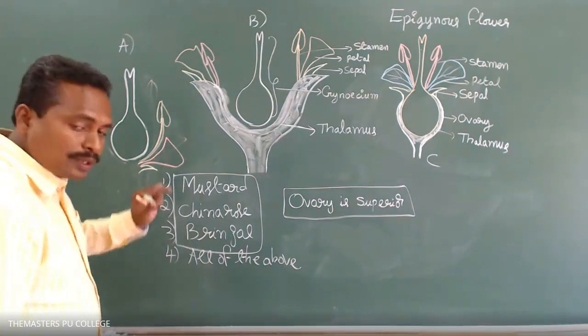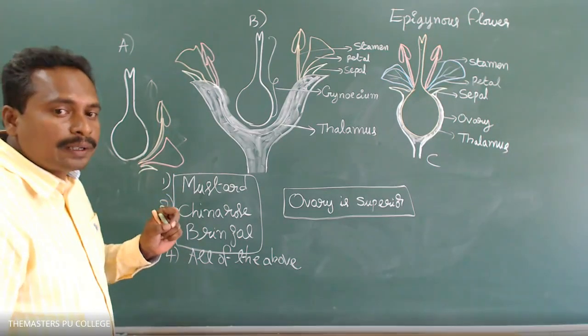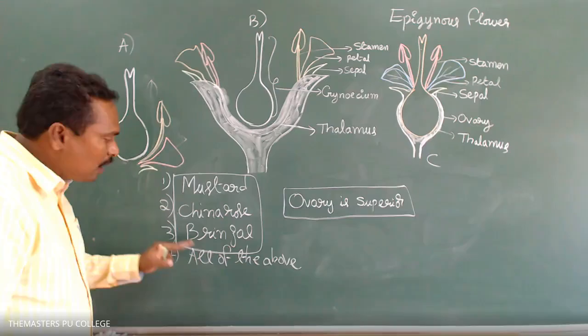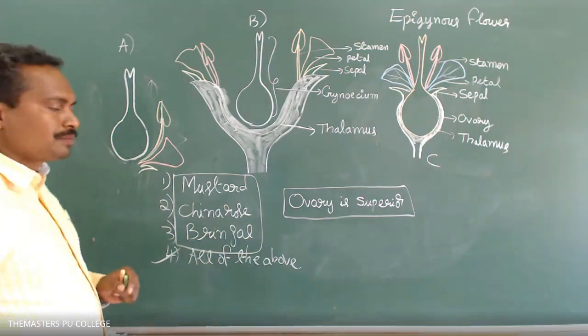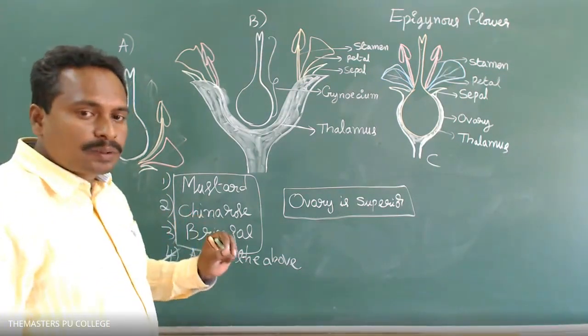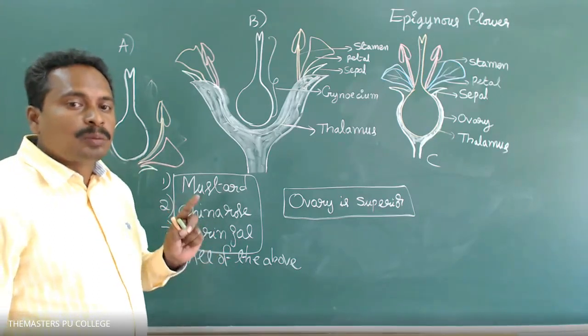Next question: in which of the following flowers is the ovary superior? Option 1 mustard, option 2 China rose, option 3 brinjal, option 4 all of the above. All of them. So in mustard, China rose, and brinjal, the flowers are hypogynous.